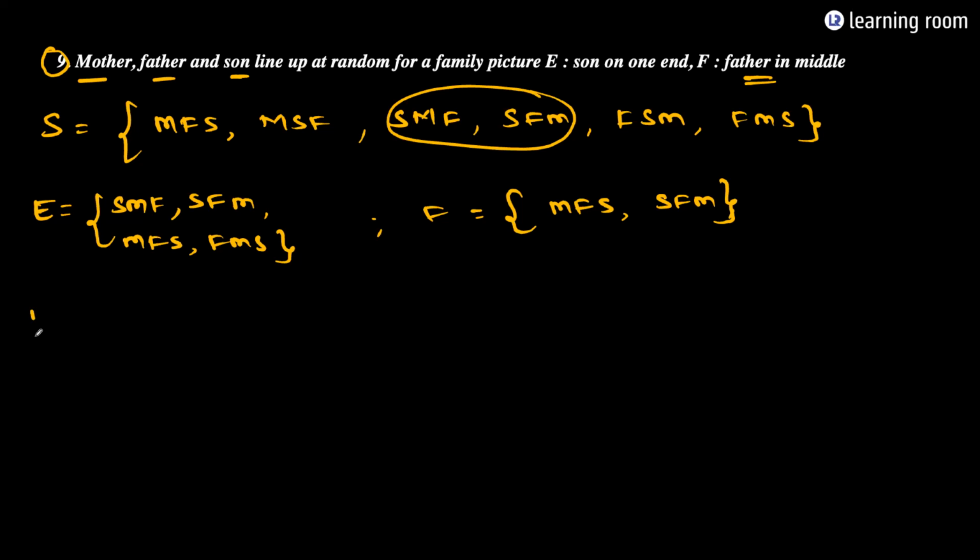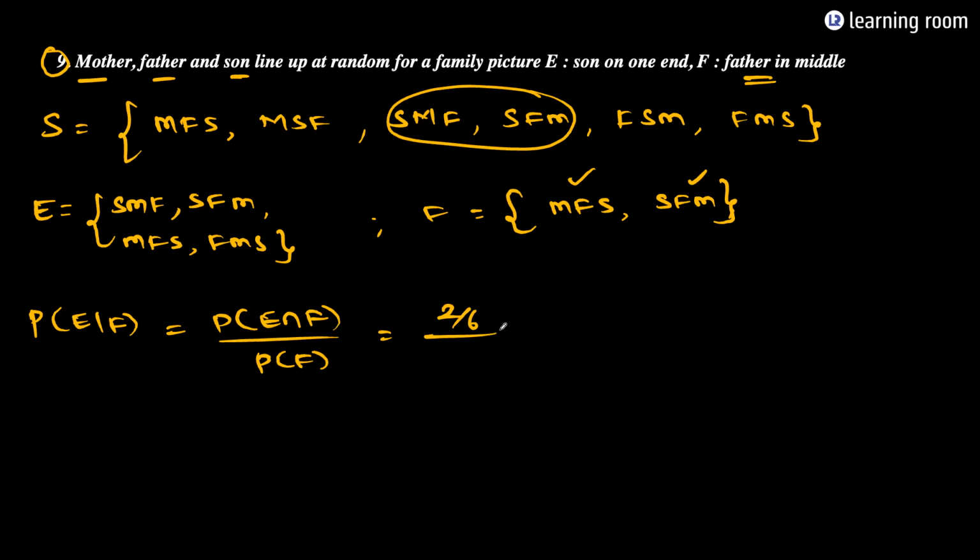Yes, sir. Probability of E given F, I want probability of E intersection F divided by probability of F. So what is the probability of E intersection F? So what is common? 1/3. Every 2 out of 6, 2 out of 6 divided by, what is the probability of F?